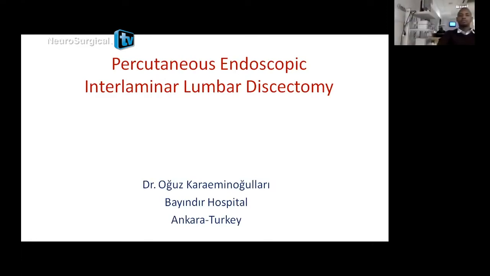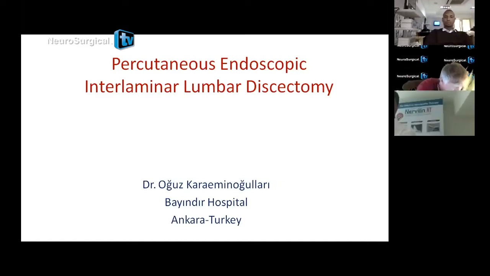In some cases, I have to use interlaminar, especially really sequestrated, up-migrated, and L5S1 cases. Sometimes my friends ask, why are you forcing transforaminal? Because sequestrated and down-migrated or up-migrated discs are really hard to do with transforaminal.